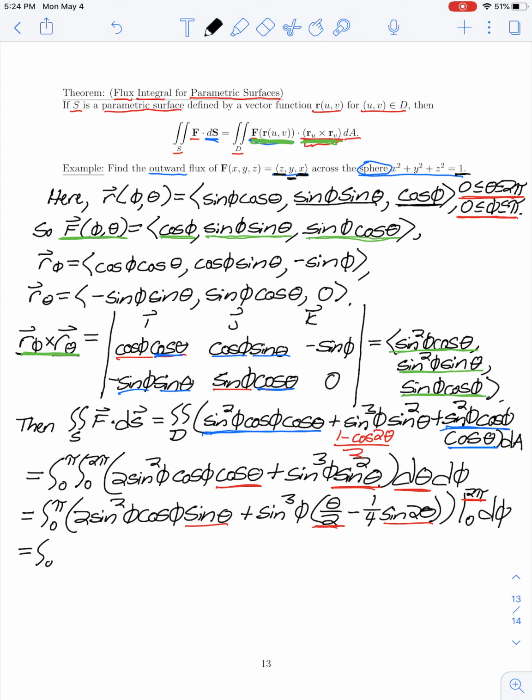So we have the integral from 0 to pi of 2 sine squared phi cosine phi times 0 here, so this first term disappears, plus our sine cubed phi times our 2 pi over 2 leaves us with a constant of pi out in front.